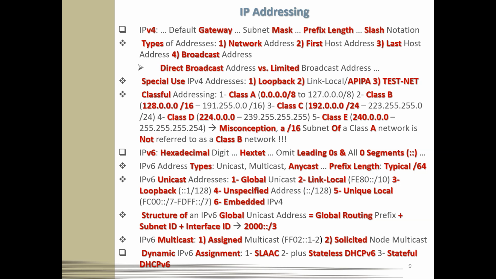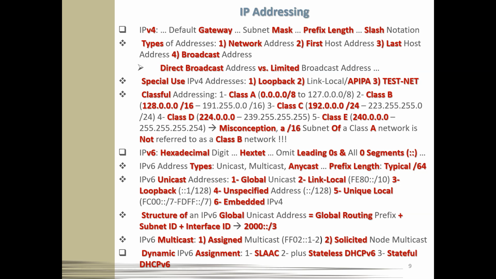Next, we want to see different types of IPv6 addresses. One categorization is that we have 3 types of IPv6 addresses. Remember, we don't have broadcast type with IPv6. So we only have unicast, multicast, and a new type in IPv6 that we didn't have in IPv4 called anycast. With unicast, of course, we have a single source IPv6 address.